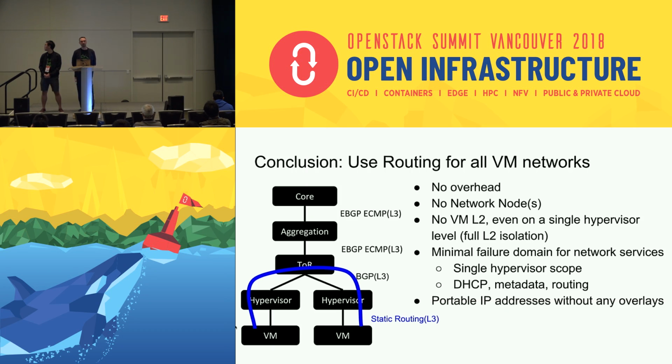After careful consideration, we decided that simple static routing on a hypervisor between VMs and the hypervisor itself fits our needs the best. It doesn't introduce any significant performance overhead other than actual software layer 3 routing.